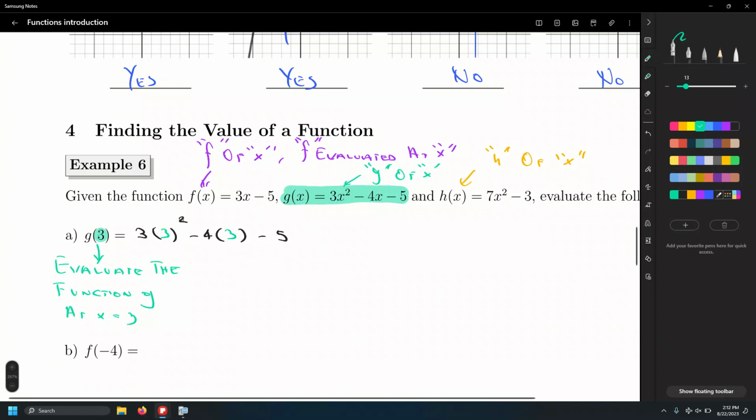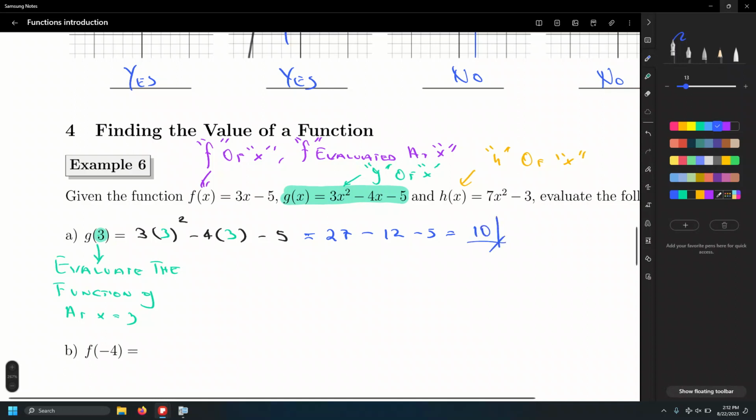So 3 squared, which happens to be 9, times 3, 9 times 3 equals 27, and minus 4 times 3, which is 12, and then minus 5. Then just combine the numbers. So 27 minus 12, that's 15, and then 15 minus 5, that's a 10.